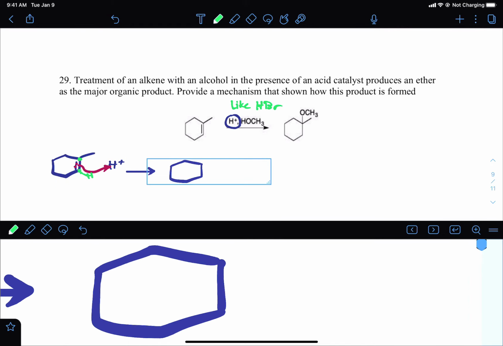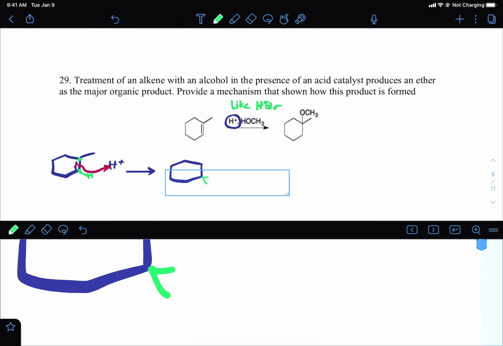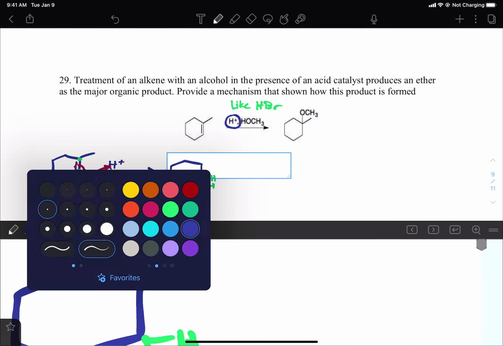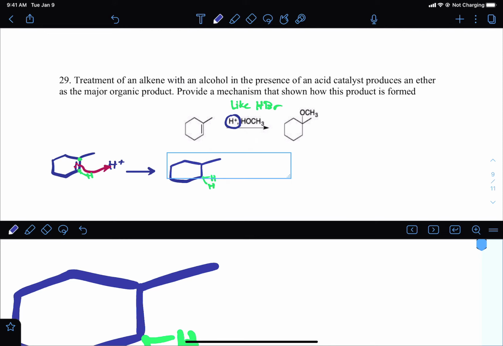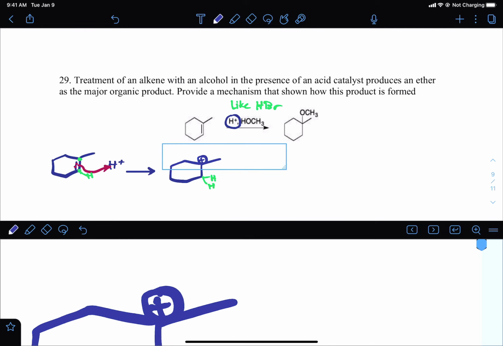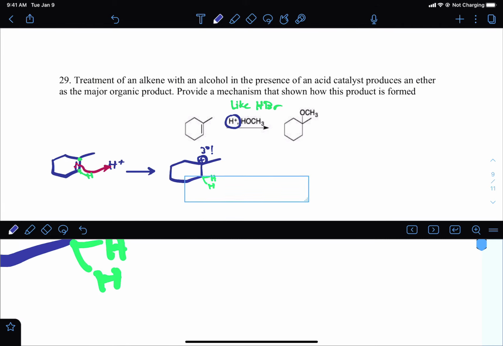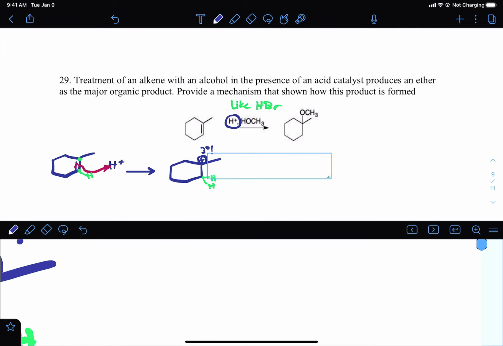So we're going to put the H there, which will give us a tertiary carbocation, right? Awesome. That's great, because it means it's not going to rearrange. You don't have to look for rearrangements. It's tertiary.